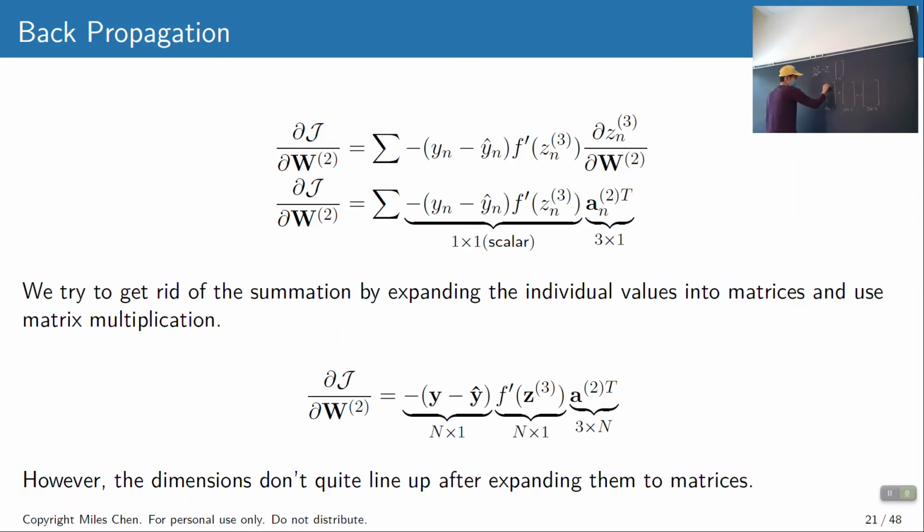Basically this is the partial of j with respect to dW2, but for observation 1. Okay, and we've got the same thing here for all of these things, and we're adding them up.